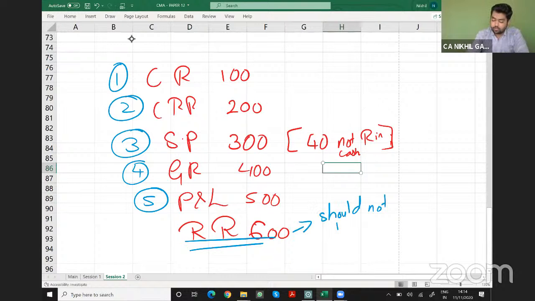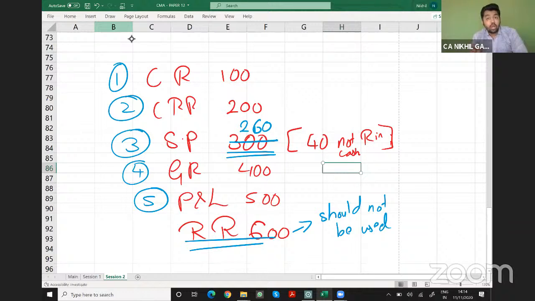And in case of securities premium, out of this 300, 40 is not realized in cash. So we can only use 260, 300 minus 40 is 260. So first we will use 100, then 200, then 260, then 400, then 500 ultimately.